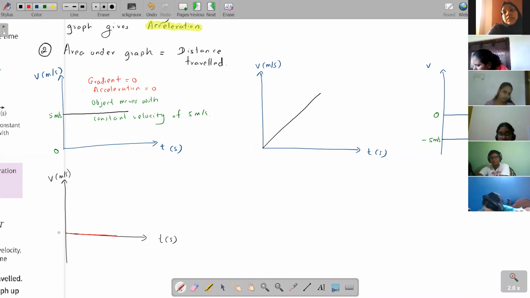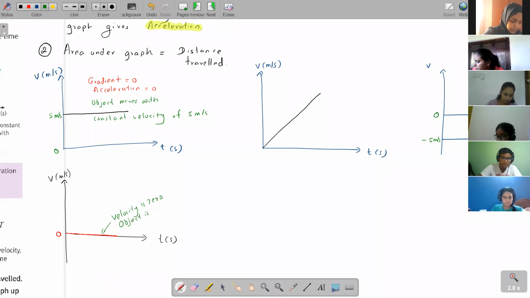If it's on the x-axis, then velocity is 0, which means the object is stationary. Whenever an object is stationary in a velocity-time graph, we show it on the x-axis.